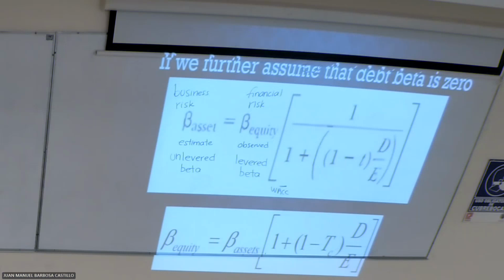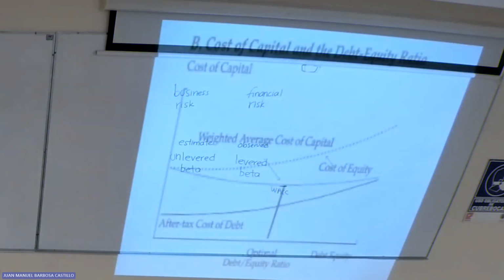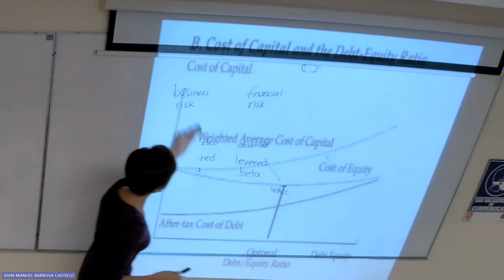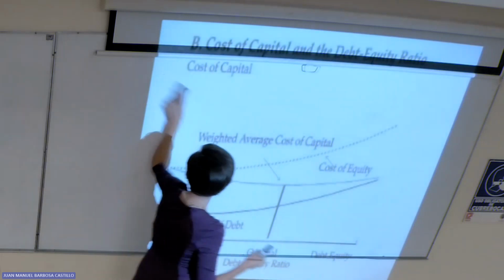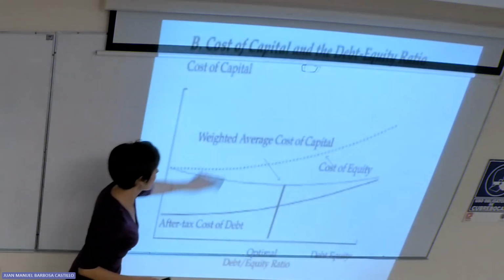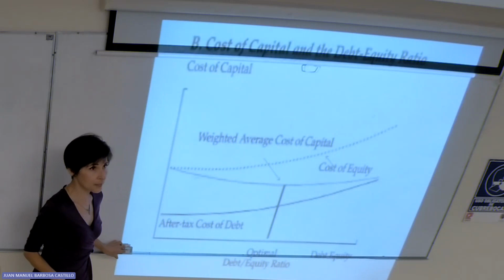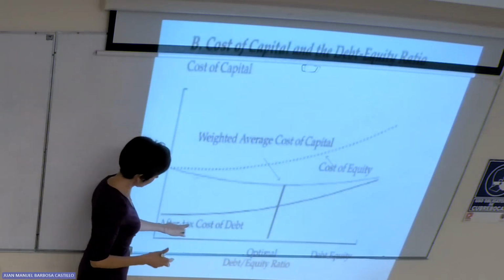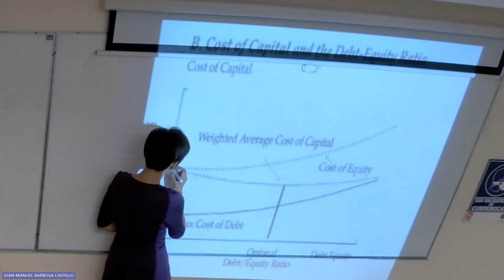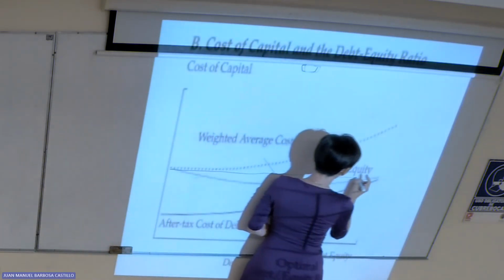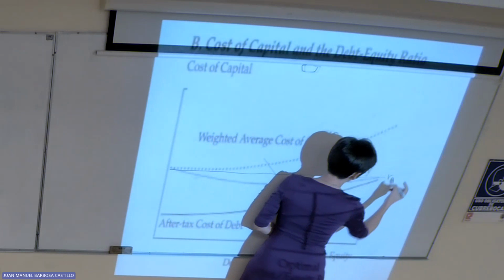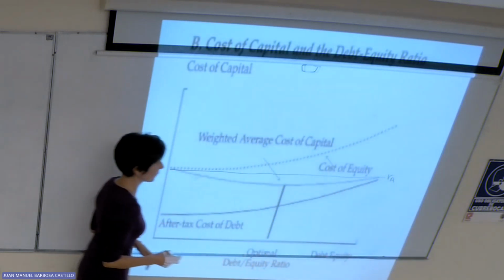Why? Because, let me go back. How can I defend the idea that equity beta already includes the risk of the debt? Because of this, right? Remember, if the company did not have debt, then the WACC, because of capital, will be constant, right?